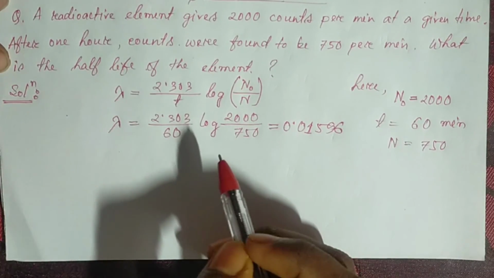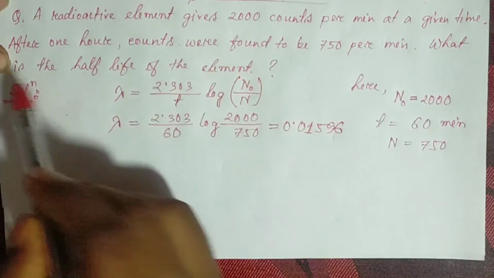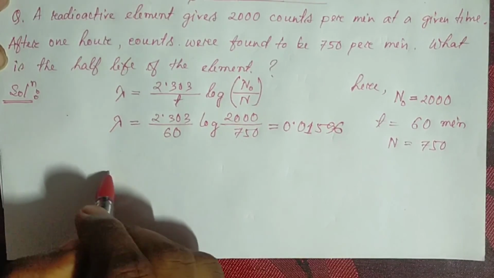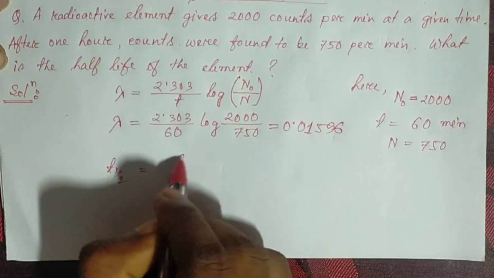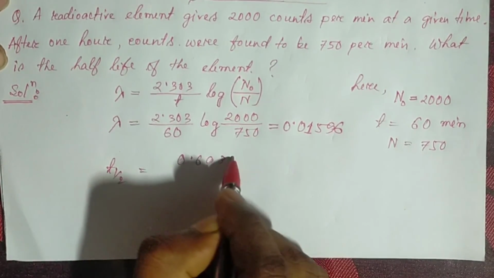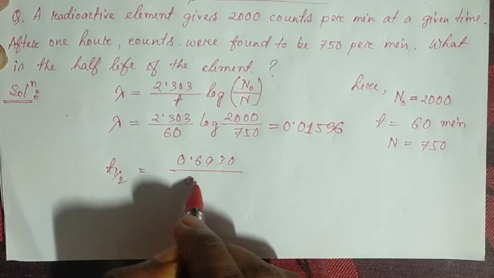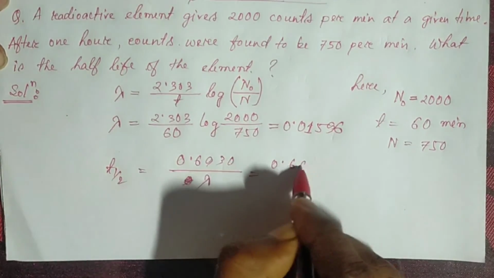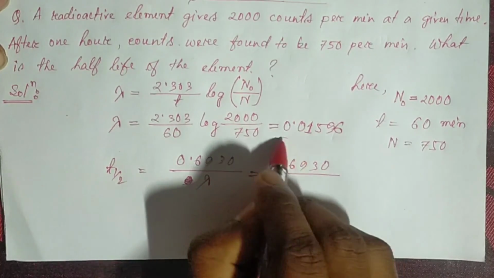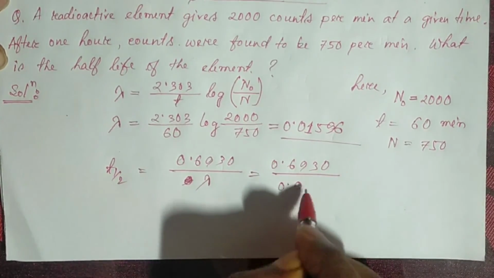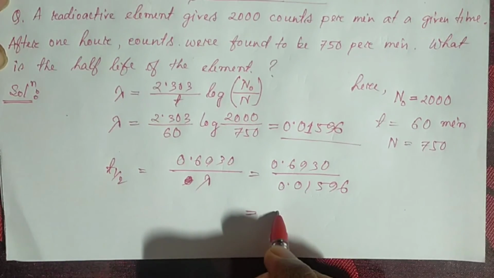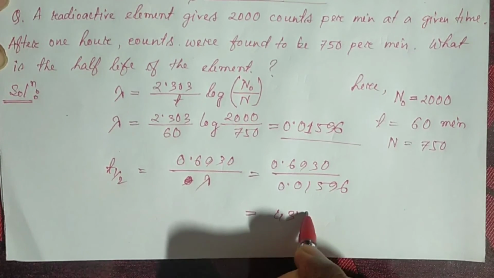Okay, but they are asking what is the half-life of the element. As we know, half-life is equal to 0.6930 divided by lambda. So 0.6930 divided by this value 0.01596 is equal to 43.